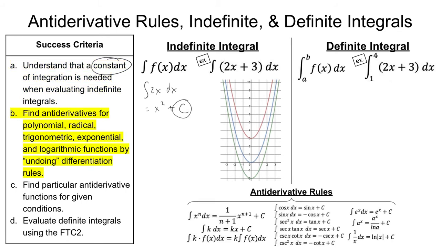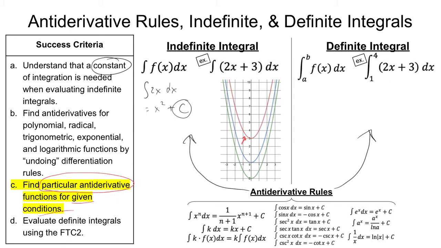Then to be able to do indefinite integrals and eventually definite integrals, we needed to learn antiderivative rules, all these rules that we covered in this lesson. The antiderivative rules are really important to be successful for both indefinite and definite integrals. Then we found that we were able to find particular antiderivatives, where we figure out the antiderivative of a specific function if we have a given condition.